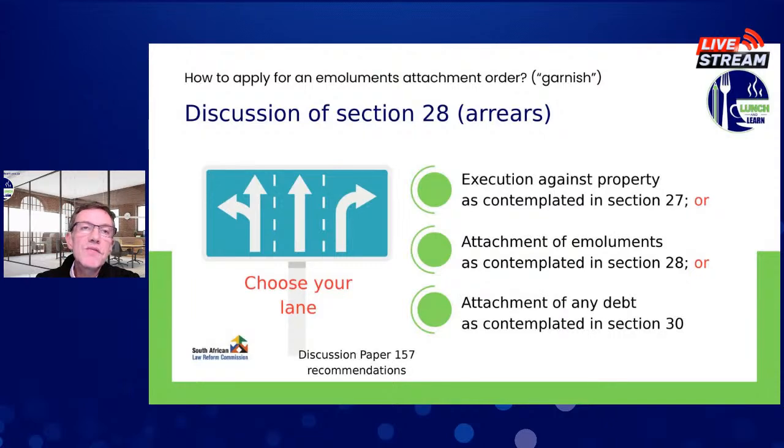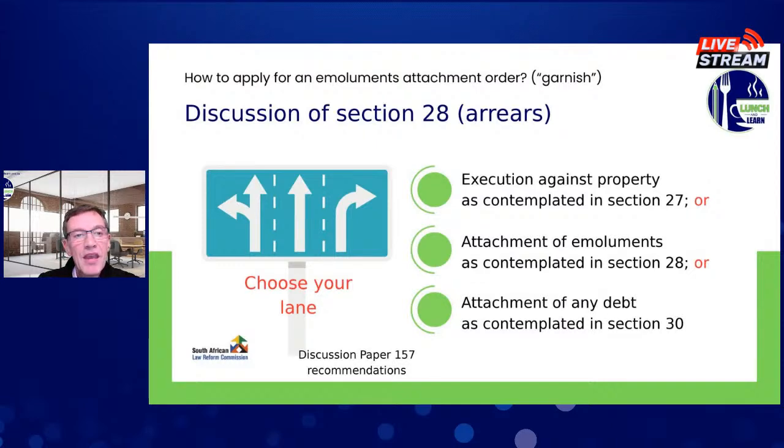You can either ask for a warrant of execution against property, an attachment of debt, or an emolument attachment order. What we mean by "choose your lane" is that the Act is very specific: you can only choose one of these avenues. You cannot have a combination of all three.